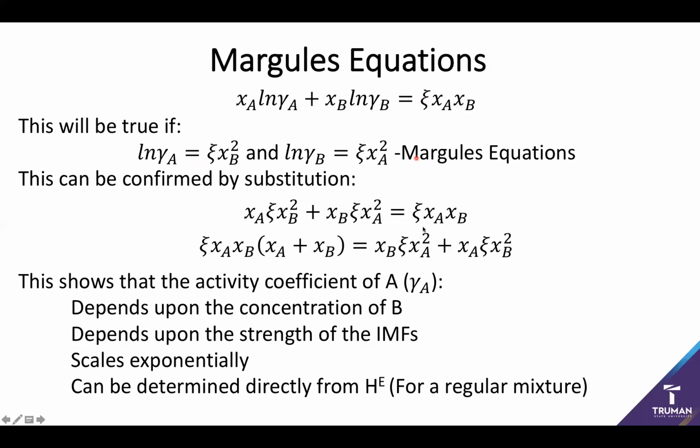And that means that I can determine the activity coefficients from the enthalpy of excess of a regular mixture. So as long as you have a regular mixture that mixes well and evenly, by simply measuring the enthalpy of mixing, you can end up determining the activity coefficients of the system under all mixing conditions, which is huge.